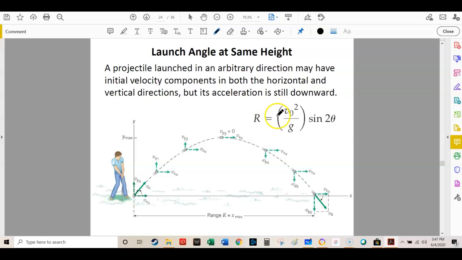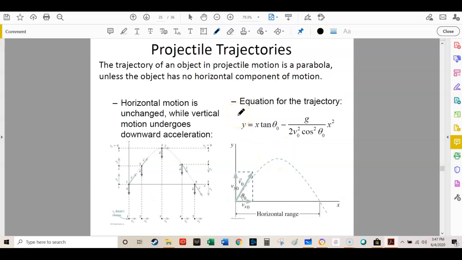There's some other assumptions that you can make, and these are drawn through equations. I prefer to do the math that shows this: how far it goes is equal to its initial velocity squared over g times sine of 2 theta, where theta is the angle it is launched at. But just as a rule of thumb, it does work out to that, as long as there's no air friction, okay?